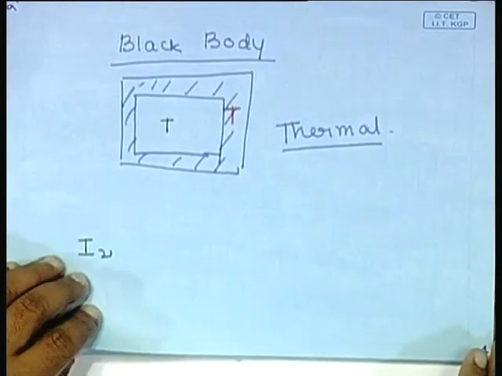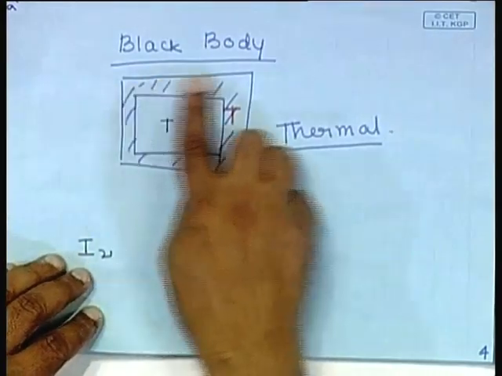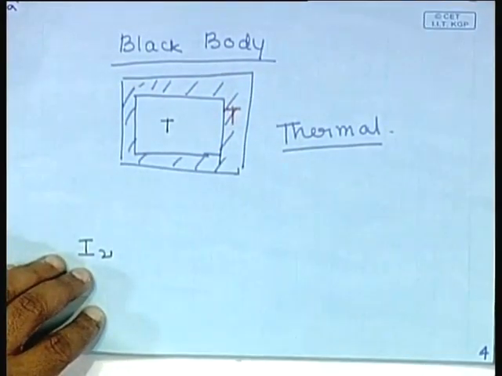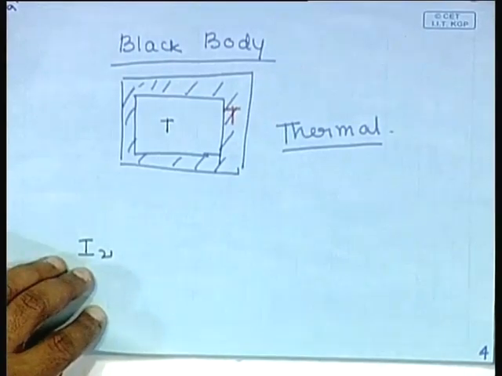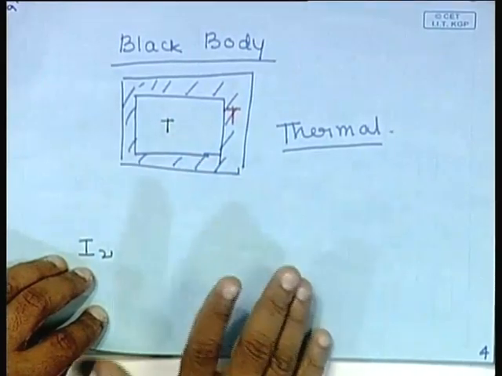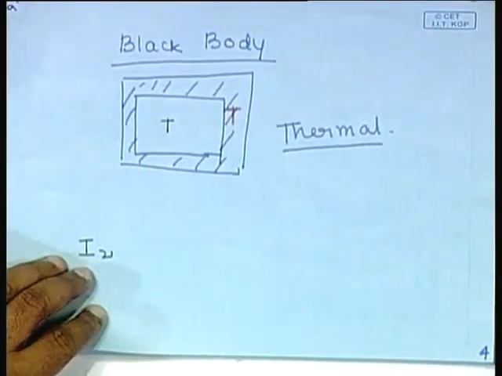So, the simplest way to visualize this is I have a cavity surrounded by some medium which can absorb and emit photons with equal efficiency at all frequencies. So, the cavity is maintained at a temperature T. I wait sufficiently long, the photons inside are going to come to thermal equilibrium. Okay.